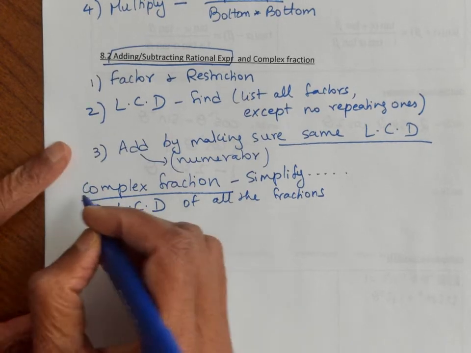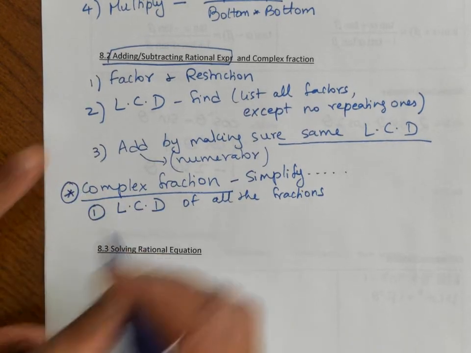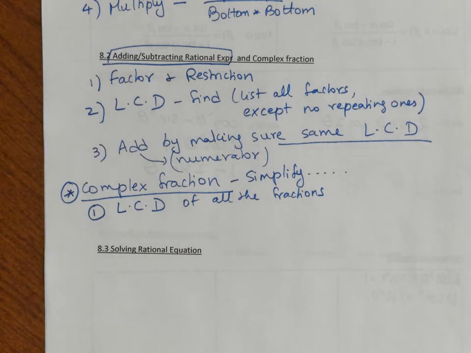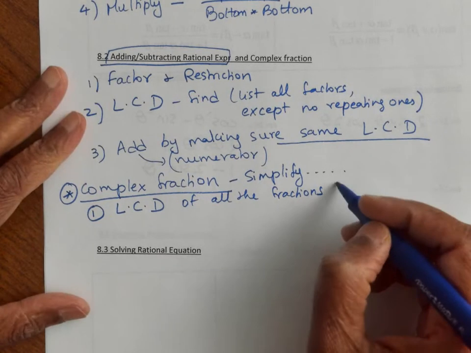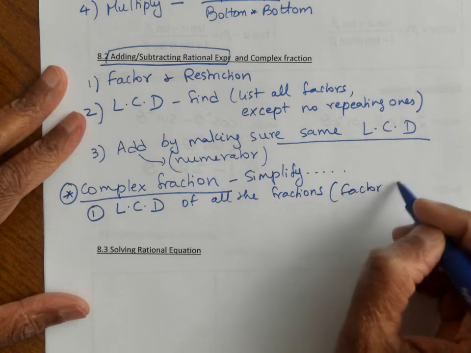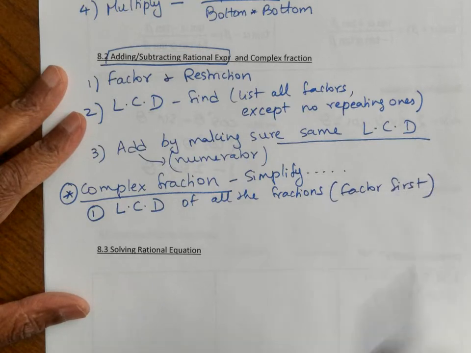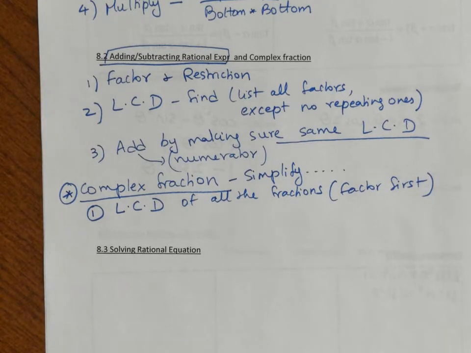This is where I felt students on the quiz didn't do that well, because they forgot what to do. So make sure for a complex fraction, find the LCD, but you have to factor first. She's absolutely right. Factoring goes without saying. I'm not even writing that anymore, because you have to factor to be able to find the LCD. I hope we all know that by now.